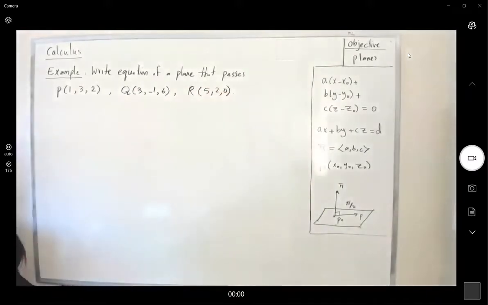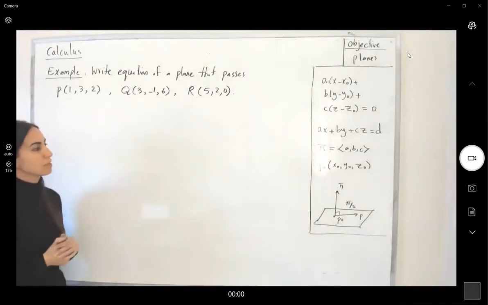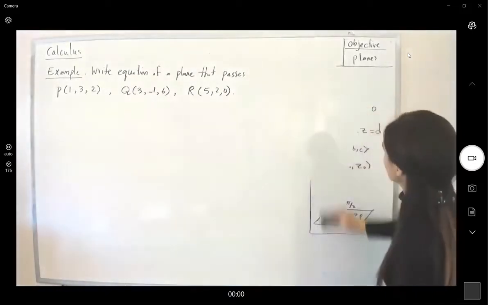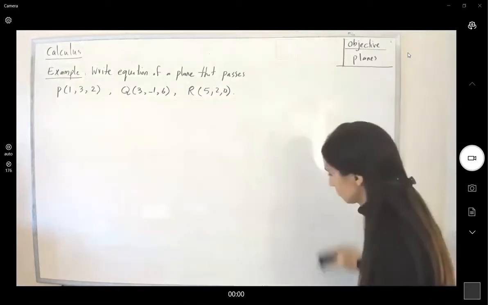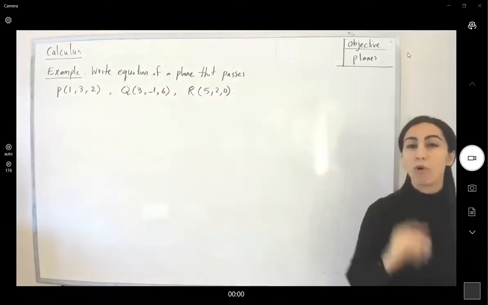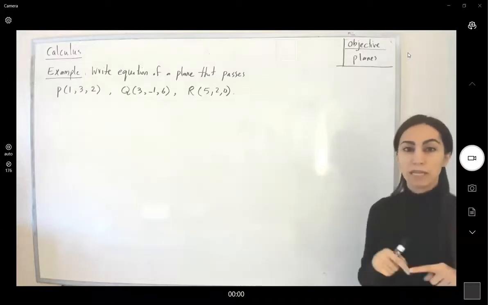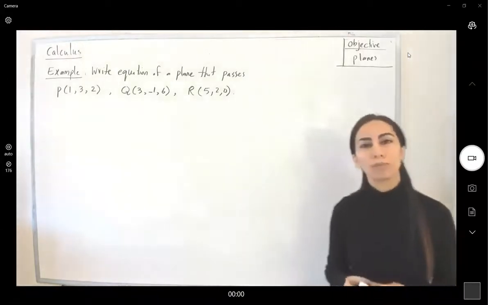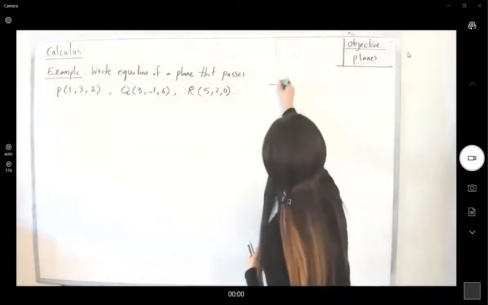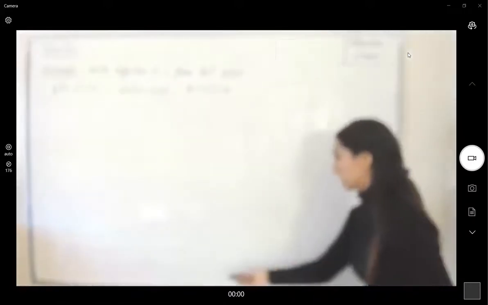So what do we have here? We have 3 points, and we have a plane that passes through these 3 points. This is our plane with 3 points in that plane.